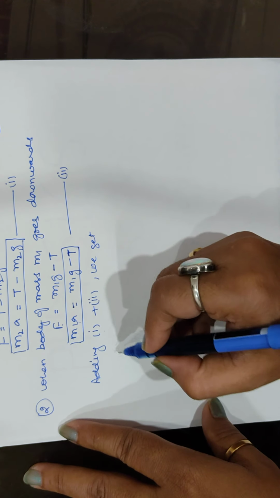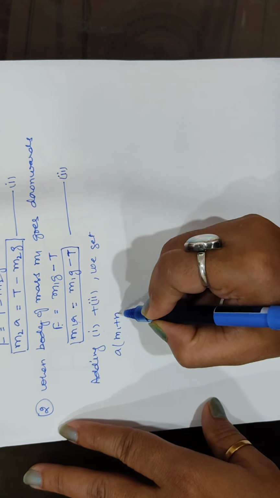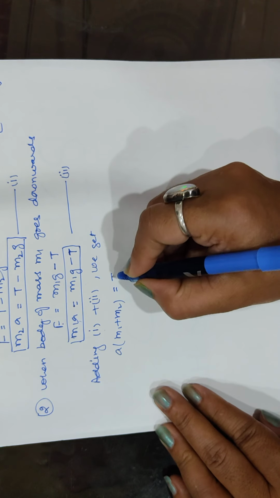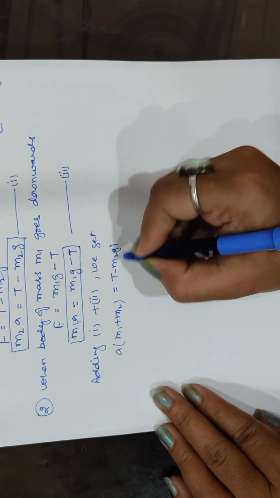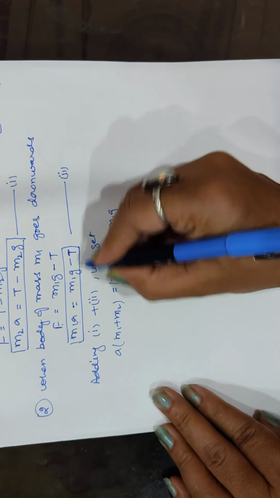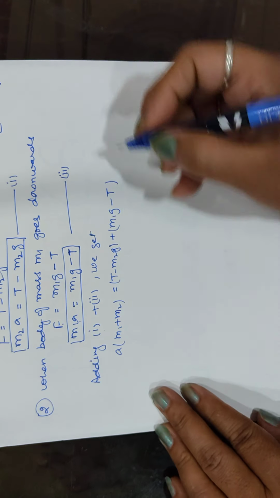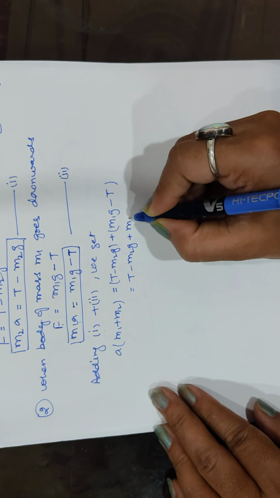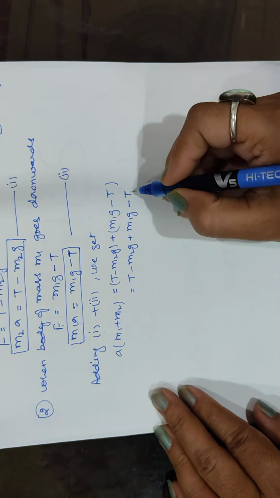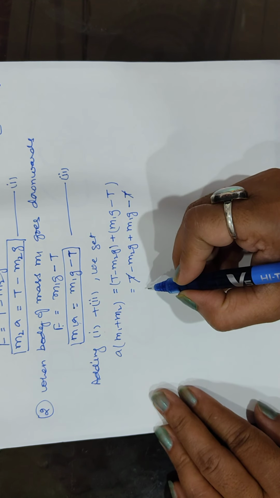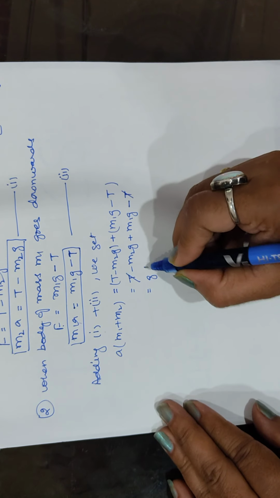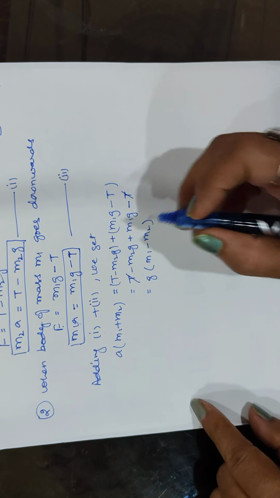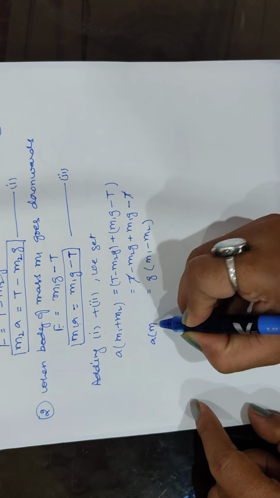You can take a common here, so you can write a(m1 plus m2) is equal to, adding these two equations, T minus m2g plus m1g minus T. Plus T and minus T, these two will be cancelled out, and you can take the common g here, and write (m1 minus m2)g after taking common from these two terms. So the equation will become a(m1 plus m2) equal to (m1 minus m2)g.